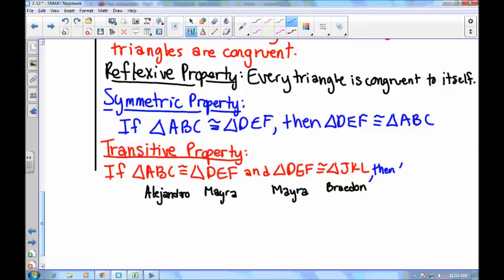This is the transitive property because we're proving things. So once we know two pieces are congruent and that second piece is congruent to the third, we can now conclude that the first was congruent to the third.